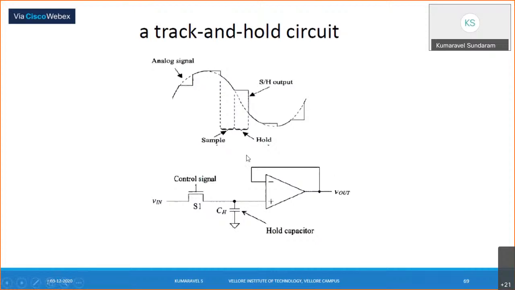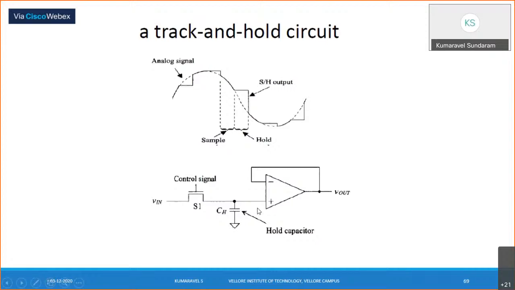But why are we connecting an op-amp to realize the sample and hold circuit? If there is no op-amp, when the switch is turned off and remains open, the capacitor's equivalent circuit has a resistance, and the charge held at the capacitor will get discharged. To overcome the discharge of charges in the capacitor, if you connect an op-amp, it has a high input impedance, so the capacitor will not be discharging.